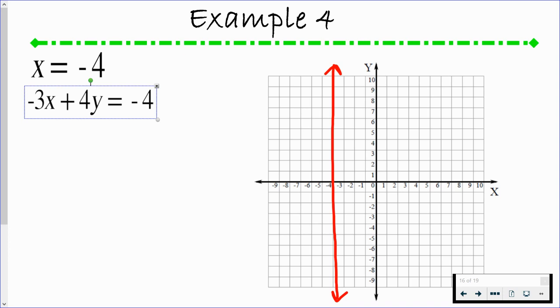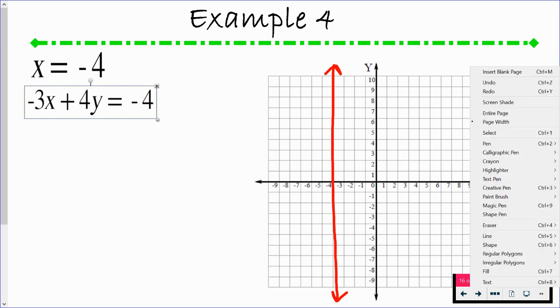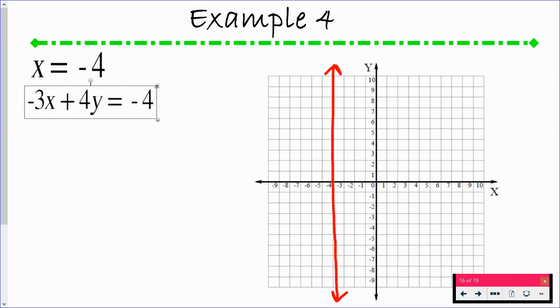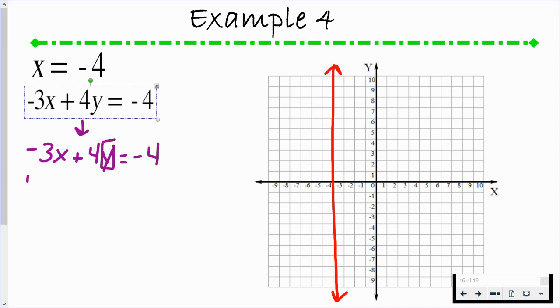Okay, the second equation. We have to change this into slope-intercept form. Okay. I am going to add the 3x.